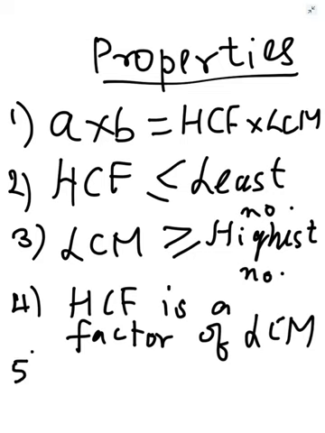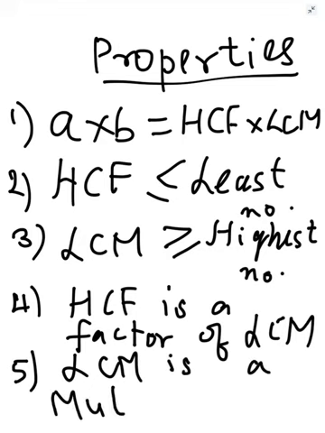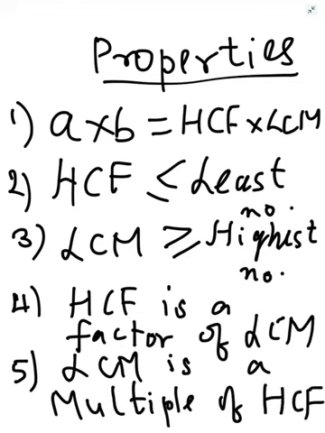Similarly, fifth property: LCM is a multiple of HCF. The lowest common multiple of the numbers will also be a multiple of their HCF, or highest common factor. So these are the 5 important properties of HCF and LCM.